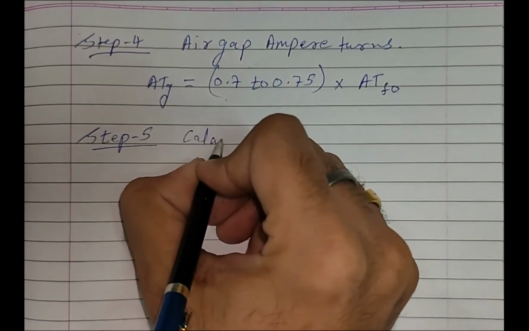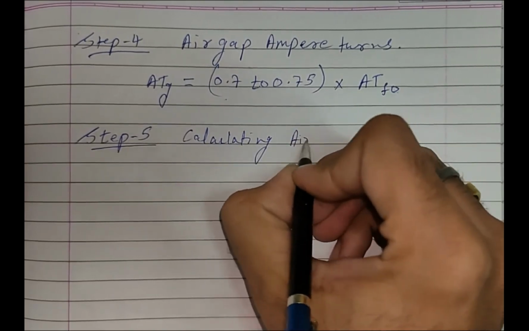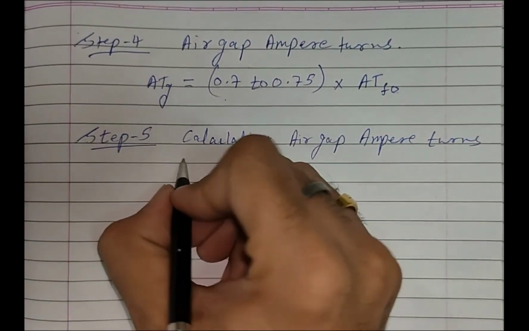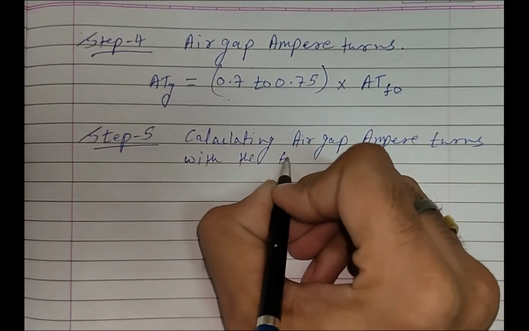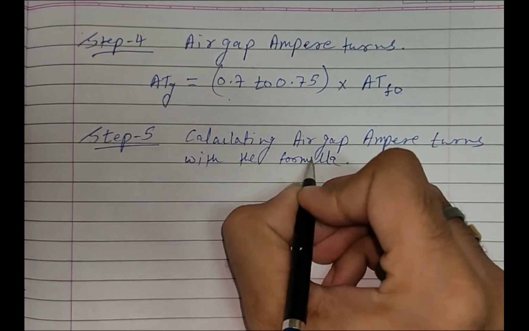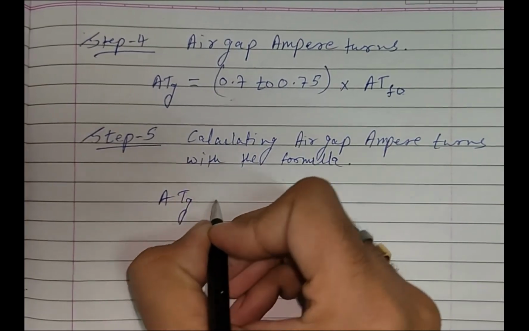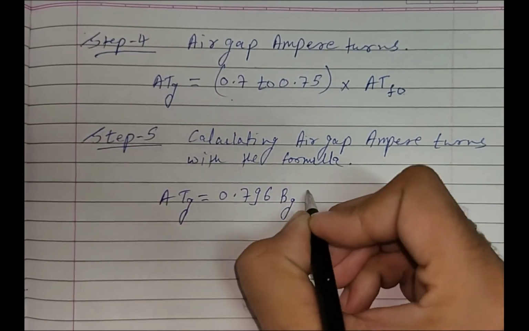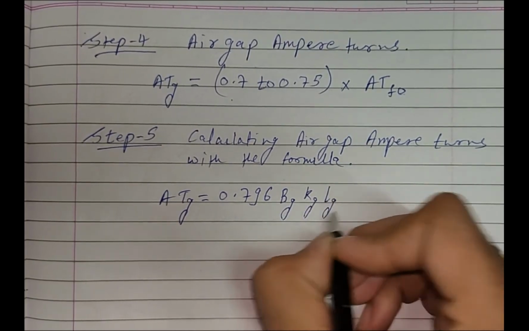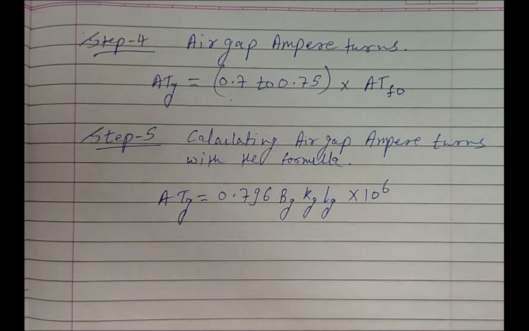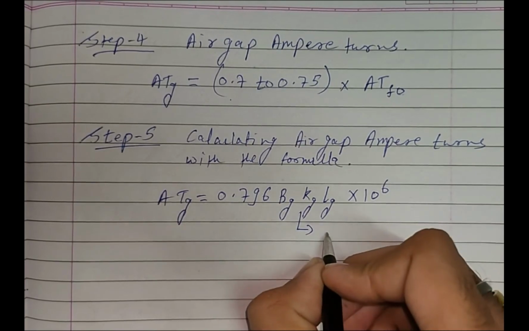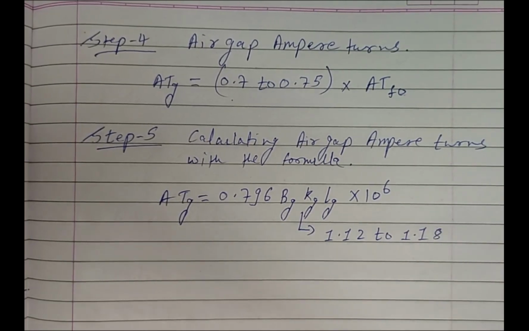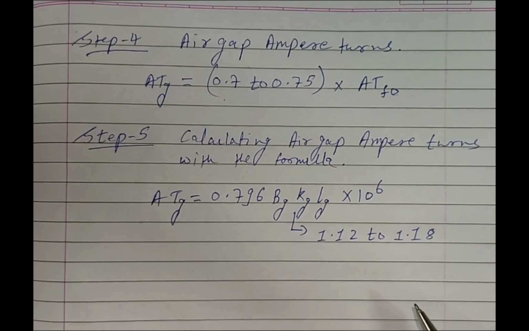So again here it would be calculating air gap ampere turns with the formula, and the formula is AT_g is equal to 0.796 B_g k_g L_g multiplied with 10 raised to 6, where k_g is assumed between 1.12 to 1.18. k_g is nothing but the air gap coefficient.